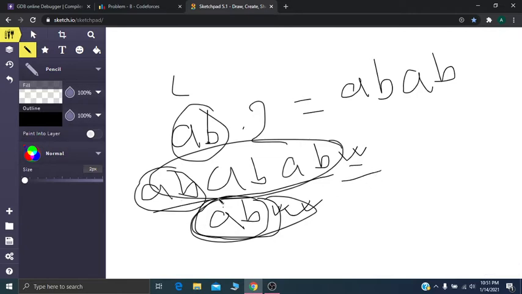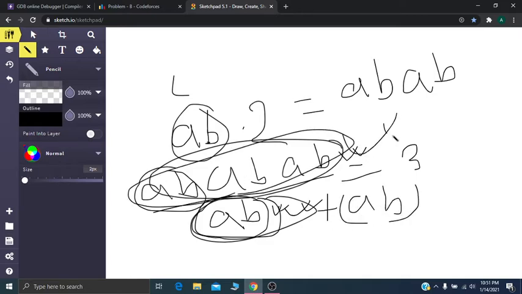For this one, the answer would be 3, right? If I concatenate AB 3 times, I will definitely get this string, and they have told us we say it is divisible by this string. So this is the general observation and these are the operations.